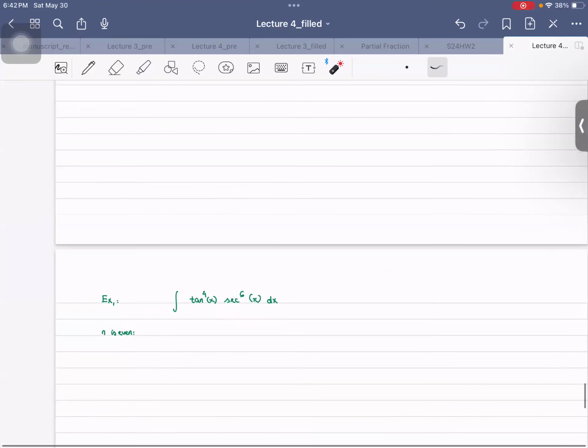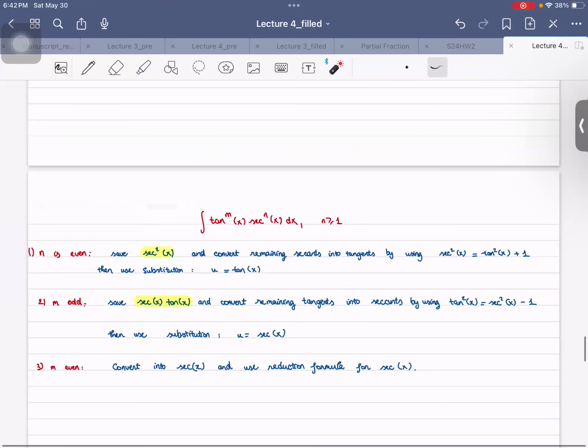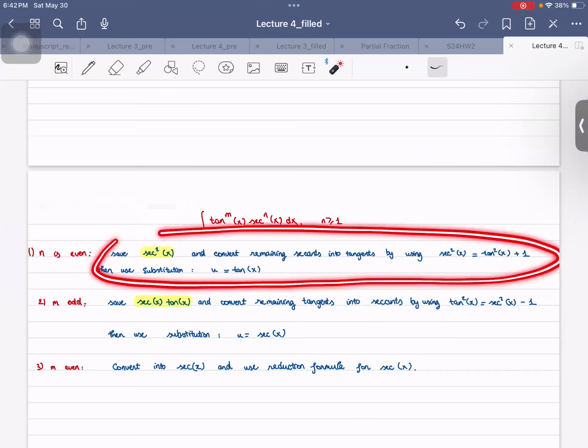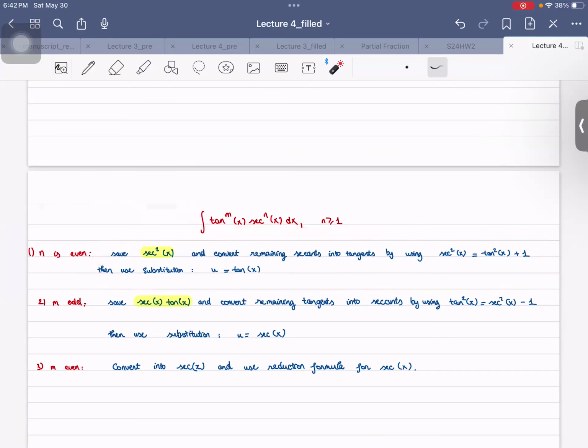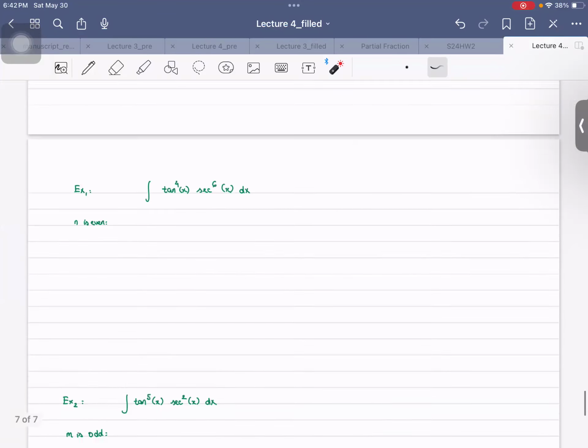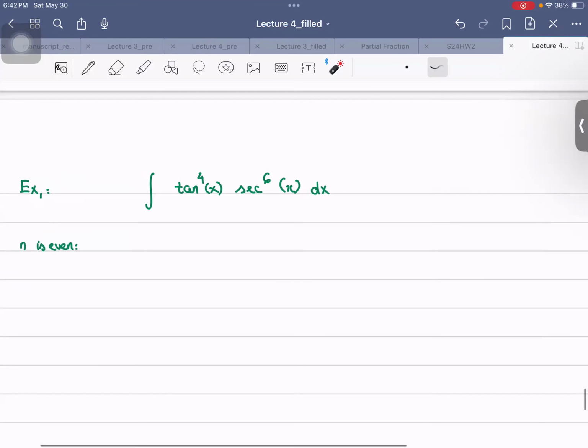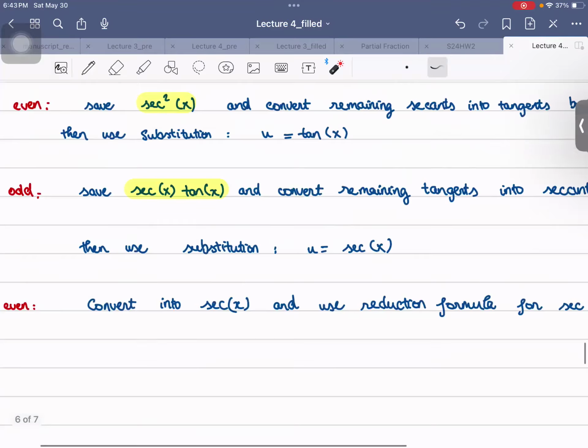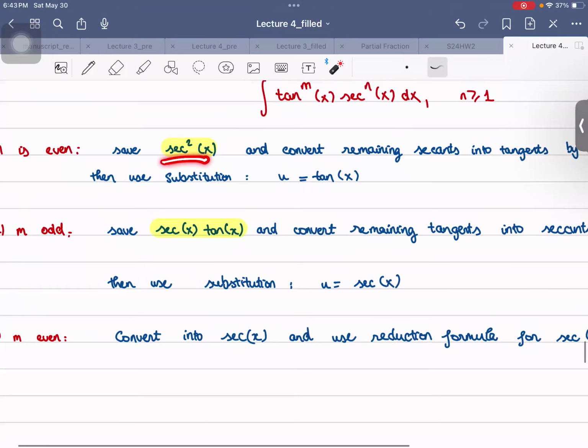Okay, so let's try this one. Remember this technique is applied when you have the power of secant as an even number. You look at this one, the power of secant is an even number, so you're going to save secant square and convert the remaining secants into tangents.